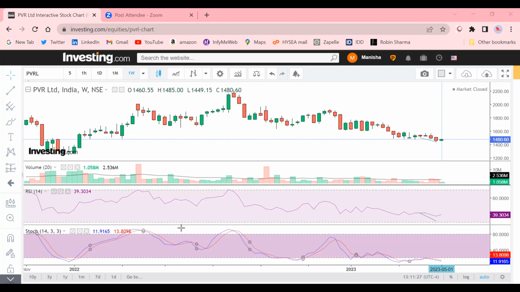Basically, in this example, if you change to the weekly view and zoom out the chart a little bit, maybe more zoom out, there is a divergence shown in the weekly time frame.